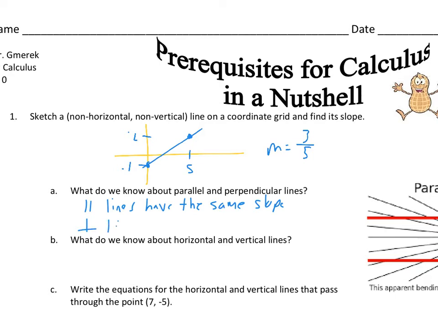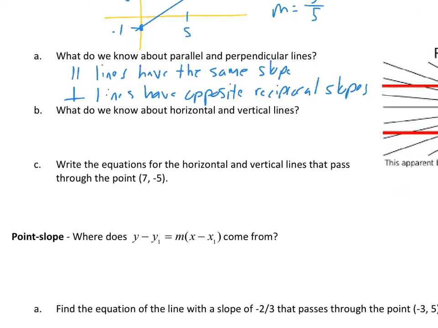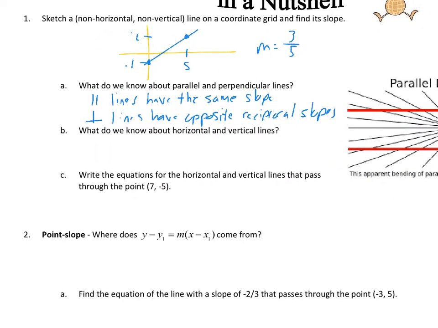Perpendicular lines have opposite reciprocal slopes. We will actually use this idea quite a bit in calculus because we're going to learn about what's called tangent lines and normal lines as well. Normal lines just means that they're perpendicular to each other.